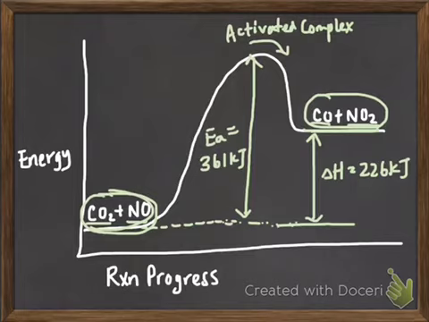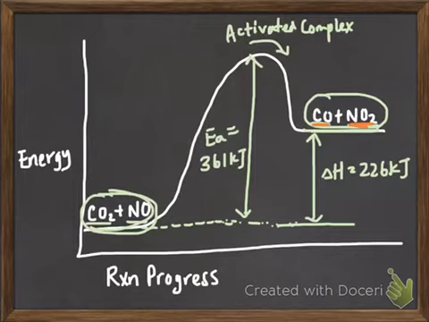So what do I mean by reverse reaction and the energy I need to do that? Well, we can again analyze this graphically. My reverse reaction would involve me going from here, so carbon monoxide and nitrogen dioxide would be my reactants in the reverse direction, and my products would be down here.